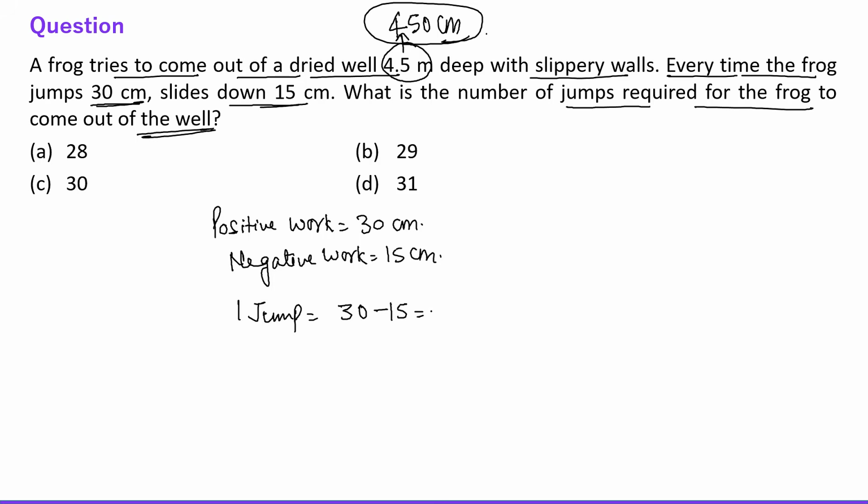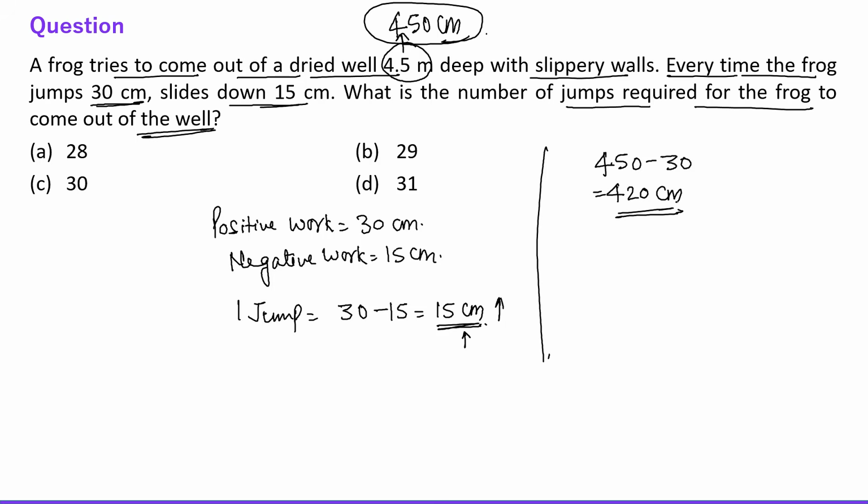So in one jump he is climbing 15 centimeters effectively, because he is climbing up by 30 centimeters and slipping down by 15 centimeters. And just try to find the difference of total minus positive work. So the difference of total minus positive work is 420 centimeters.